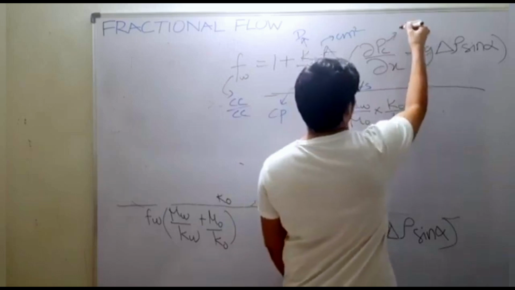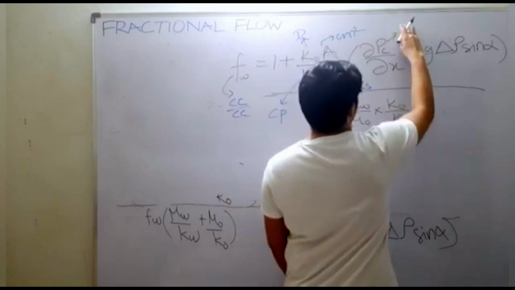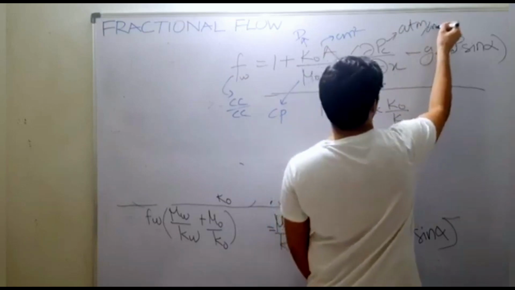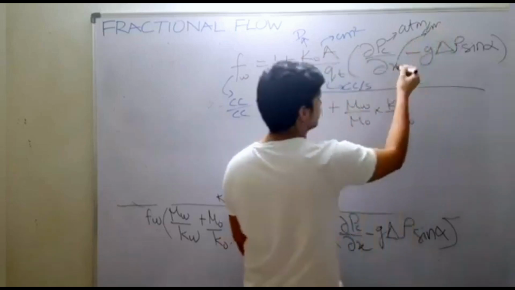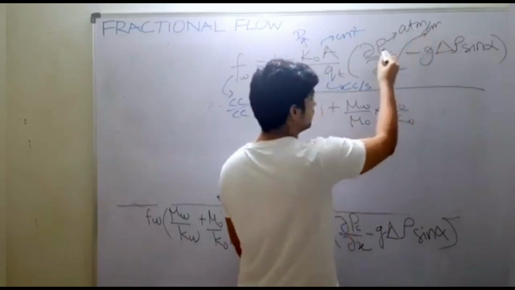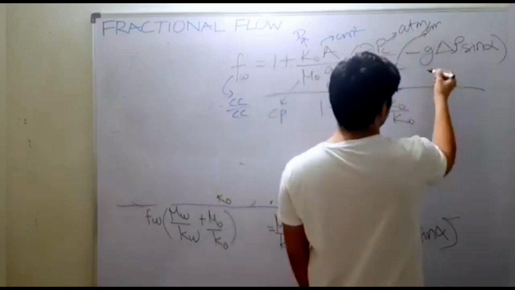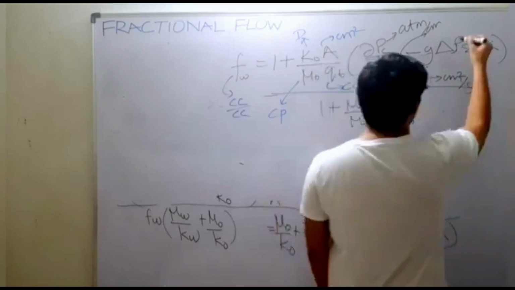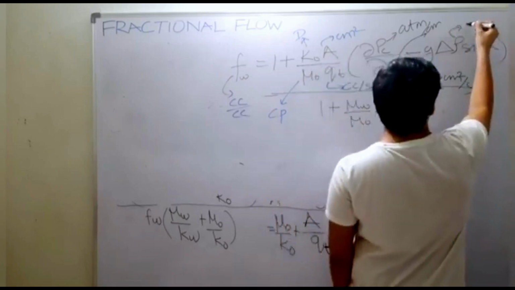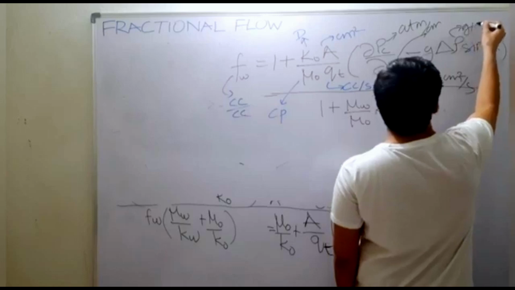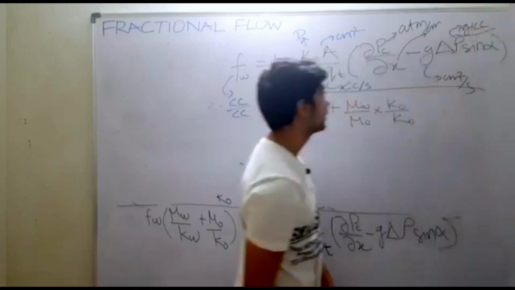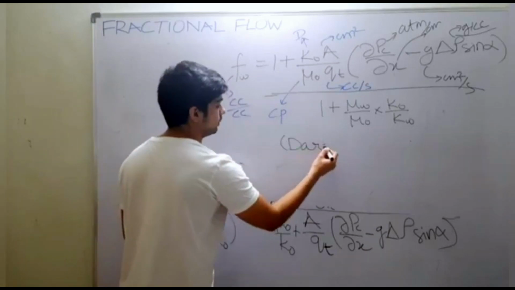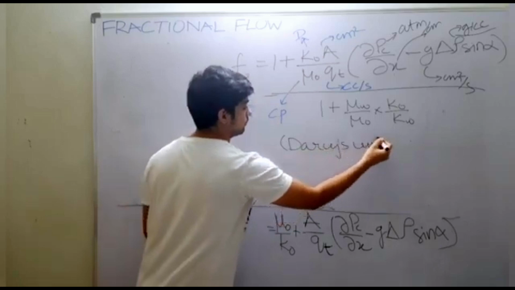Pressure will be in terms of atm divided by centimeter. So the pressure gradient component is atm per centimeter, but pressure will remain in terms of atm. And this is the gravitational constant, centimeter per second square, and the density is in gram per cc. So these are the units, and this is the final fractional flow equation in Darcy's unit.